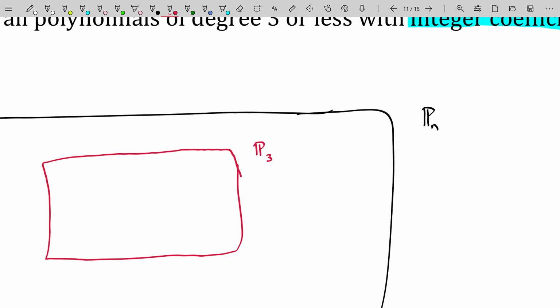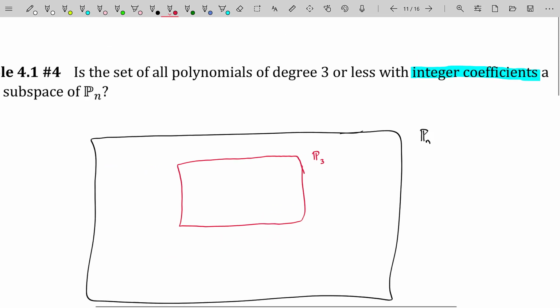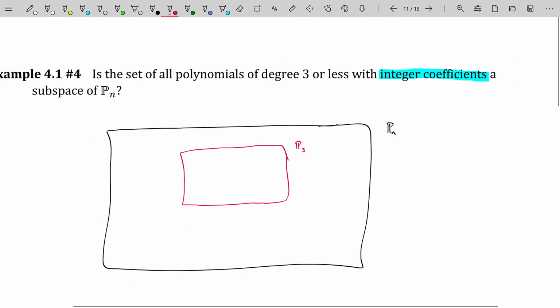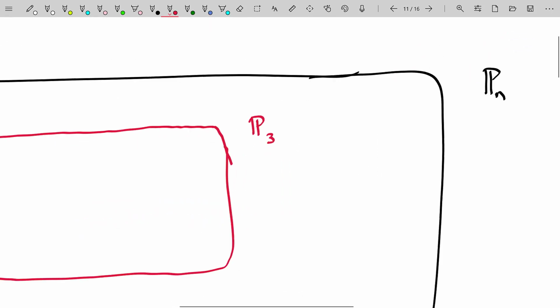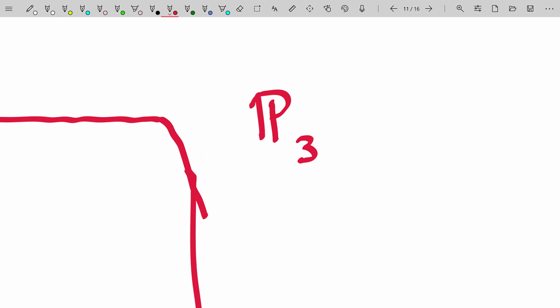However, a very special condition on this is that we want all of our polynomials that we grab to have integer coefficients. That's a very specific requirement. So I'm going to note that this way, that they're polynomials of degree 3 or less, and they have integer coefficients.